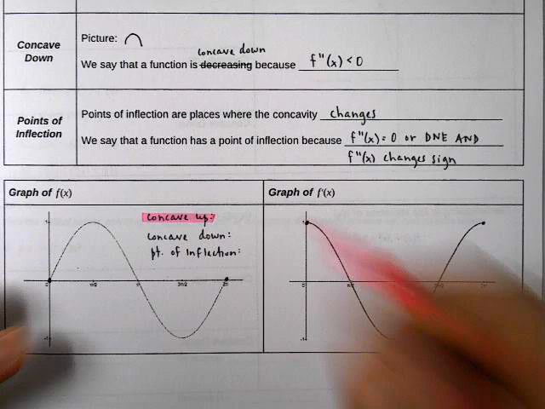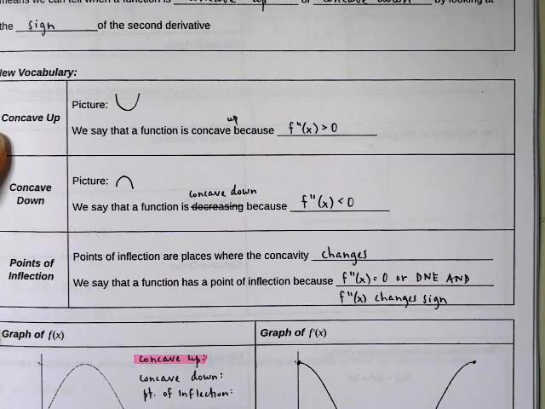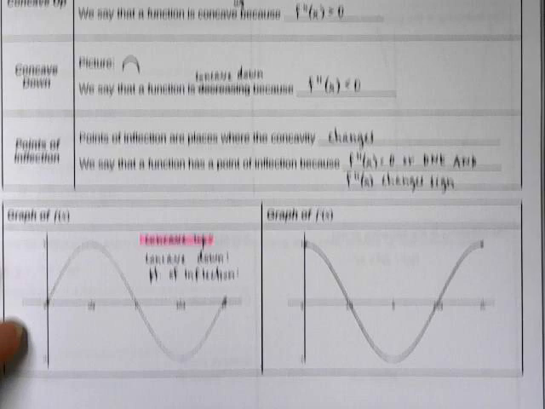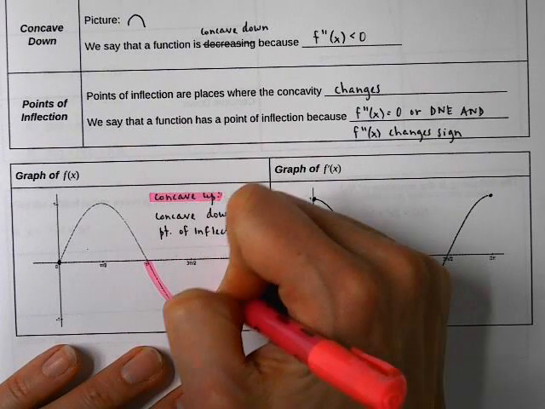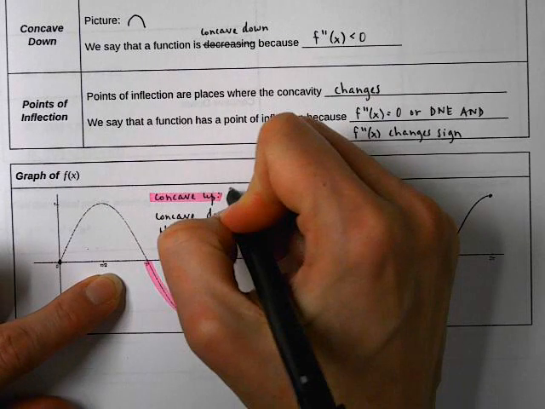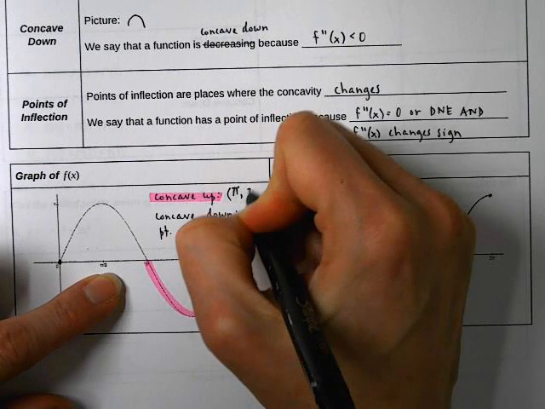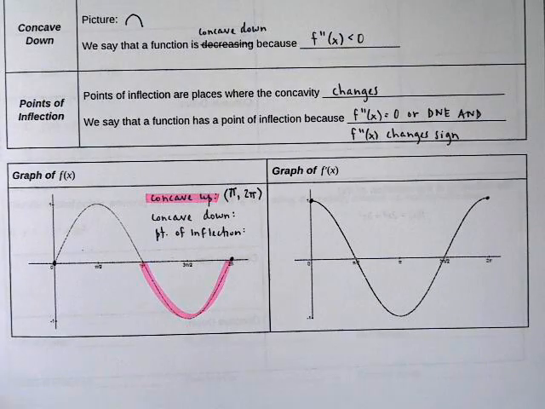Now, because we're looking at our original graph, we're just looking for what we sketched up here, where it looks like a cup or would hold water. And here we can see that that's going to be over this interval here. These are going to be open intervals, so we could say that's going to be from pi to 2 pi. So from pi to 2 pi, we're concave up.